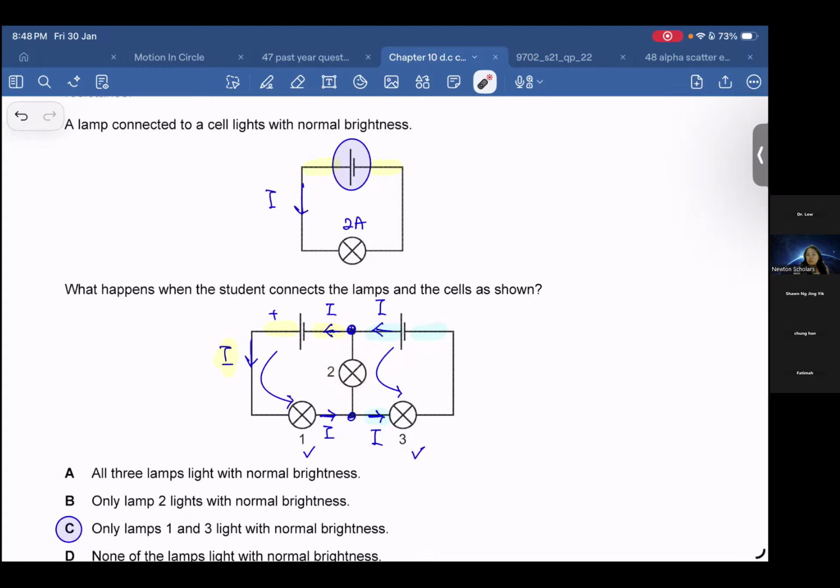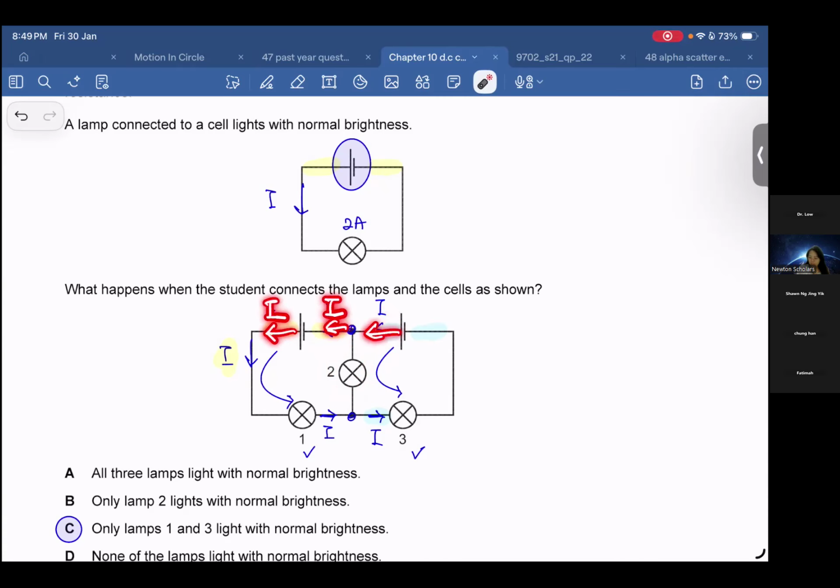So just now, Sean, did you get this idea? Because your statement said that lamp 2 has double brightness, but actually it does not light up at all. So there will never be current flowing through lamp 2. Yes, because of Kirchhoff's first law, current flowing in and out must be the same. So here is I, coming back must be I also.